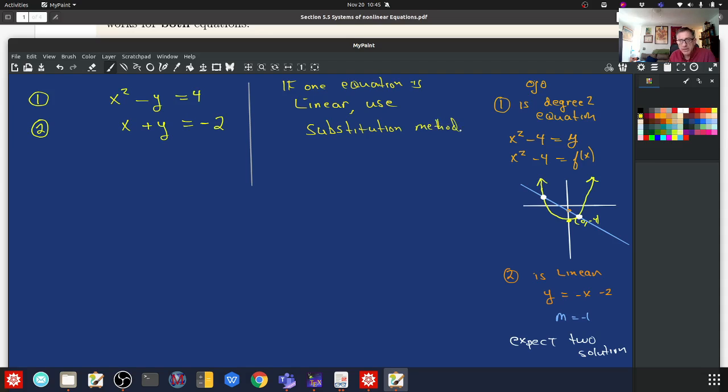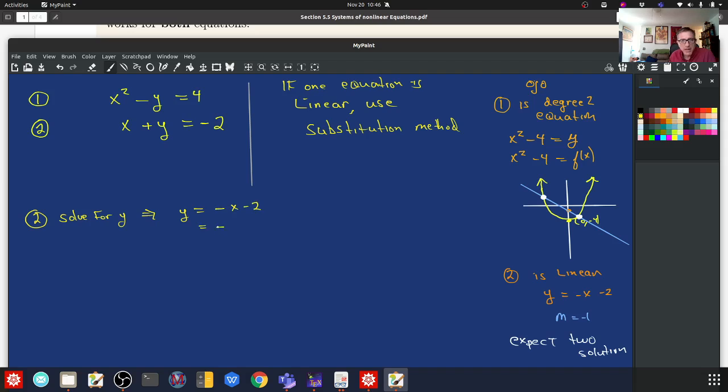It doesn't really matter which method we use, but if I look at equation 2 and I solve for y, I get y is equal to minus x minus 2.